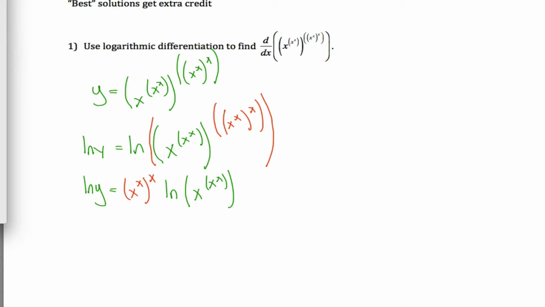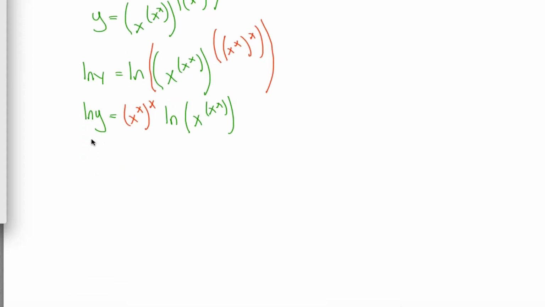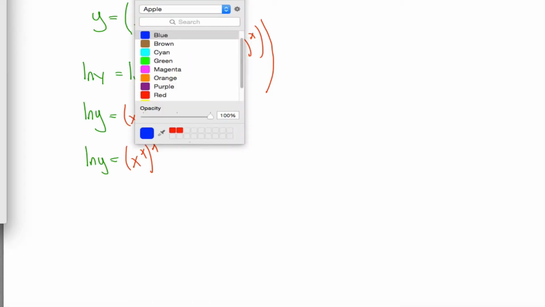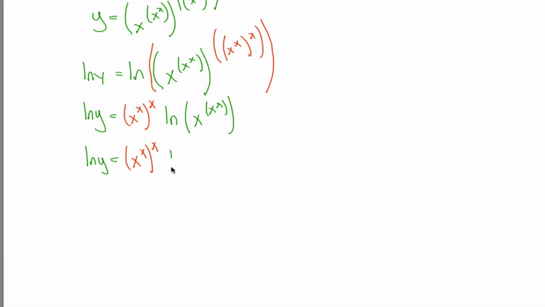It turns out you can use another log rule here. In this first one in red, there's not a whole lot I can do. I've got x raised up to the x power raised up to the x power. But over here in green, I'm taking the natural log of something, and it's x raised up to the x power.